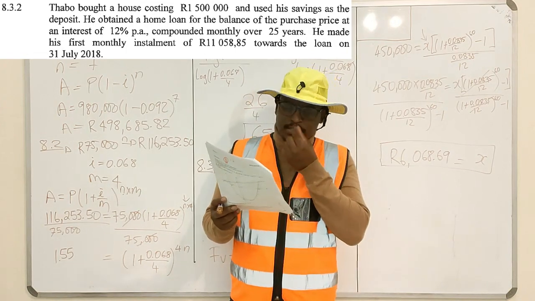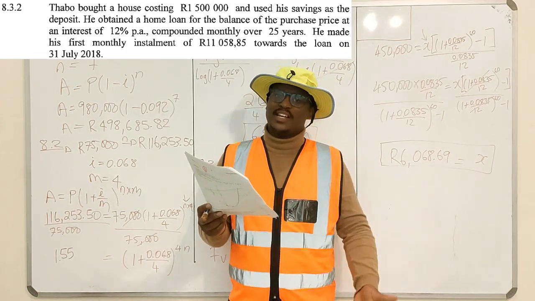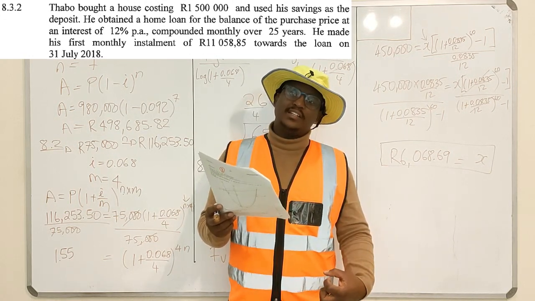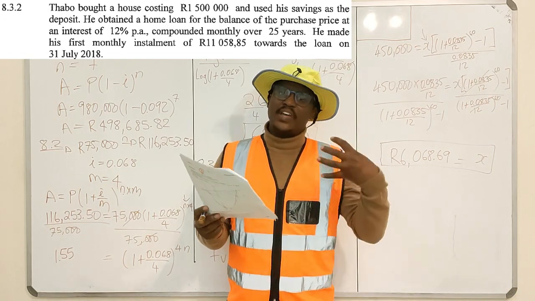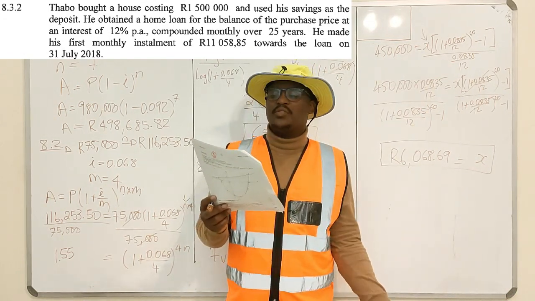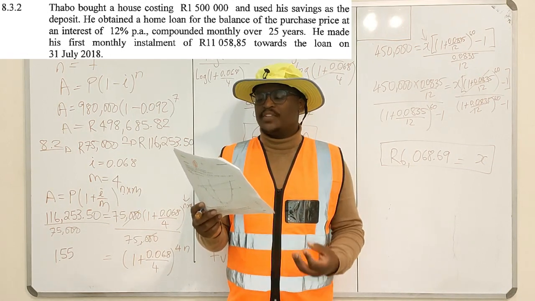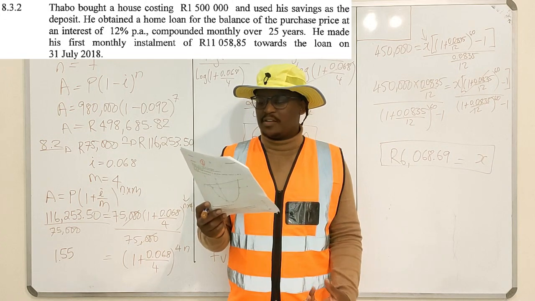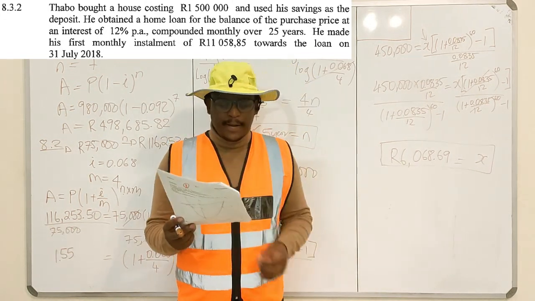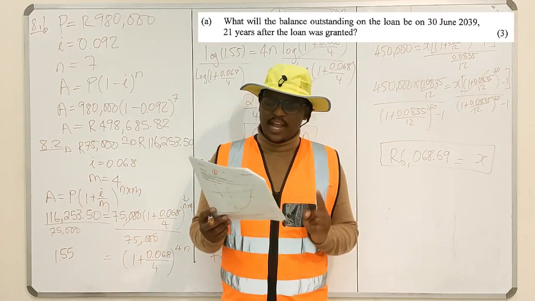They also told us that he made his first installment 1 month after the loan was taken, because he took the loan on the 30th of June 2018. He made his first deposit 1 month later, on the 31st of July 2018. And the amount that he's paying into the account, which is the installment amount, is 11,058.85. Okay.